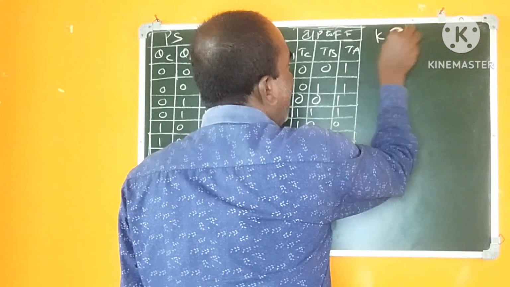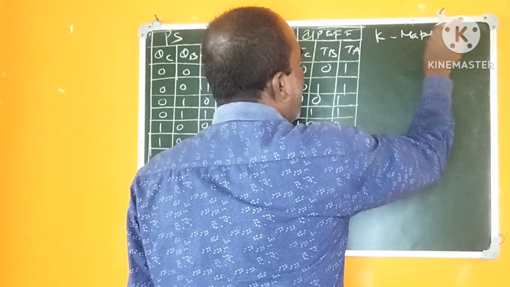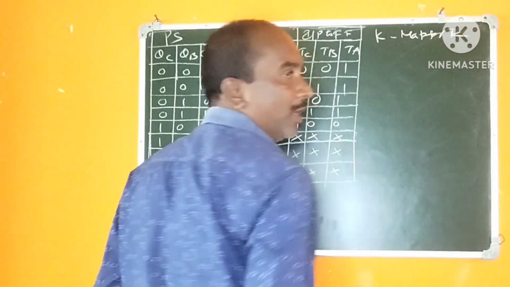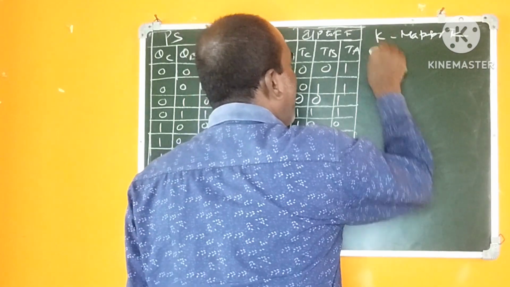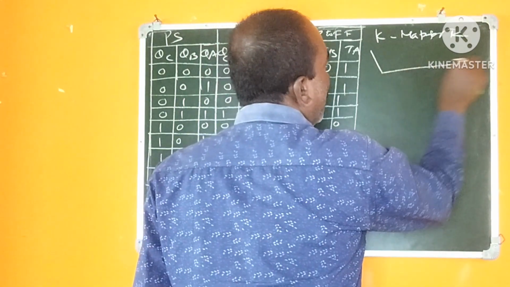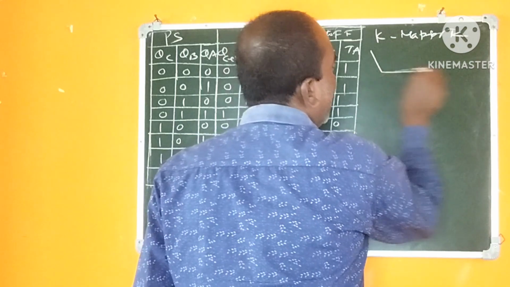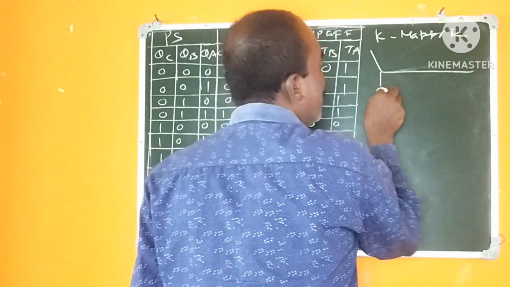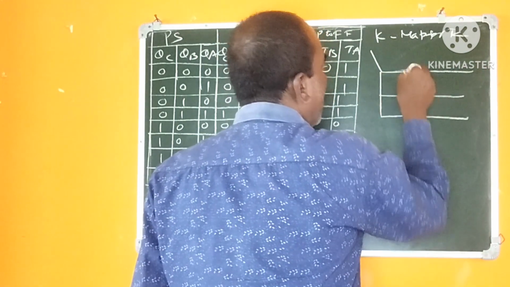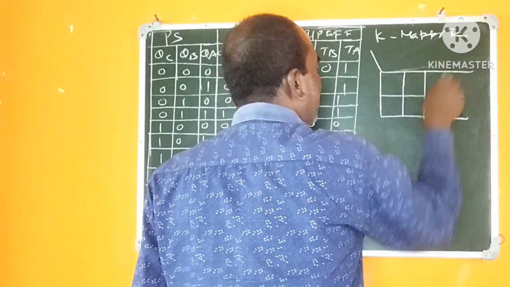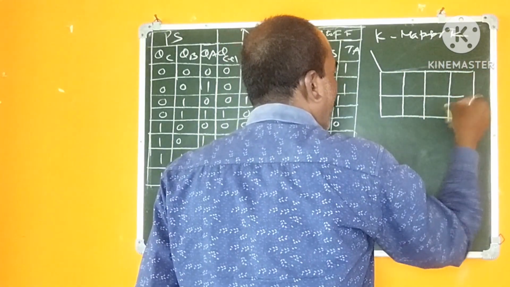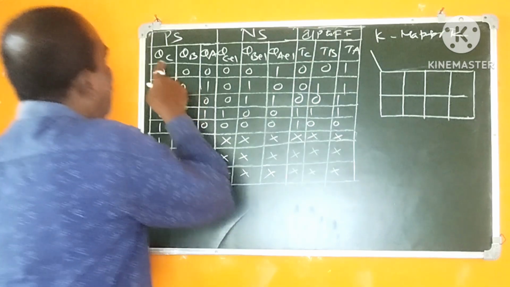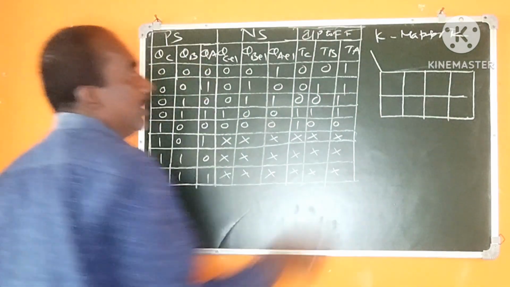So first, the K-map for TC. It is a 3-bit binary, therefore 2 cube equals 8, so an 8-cell K-map is to be used. Here the variables are QC, QB and QA.